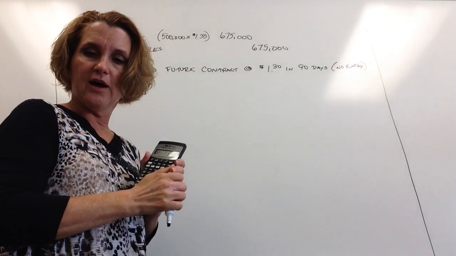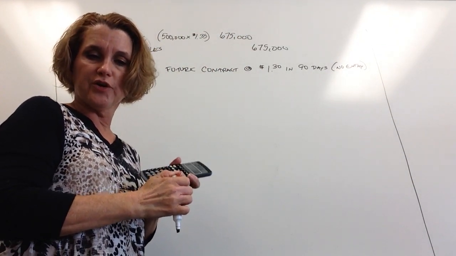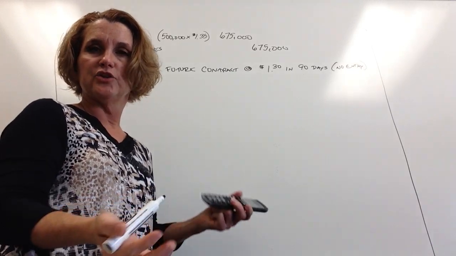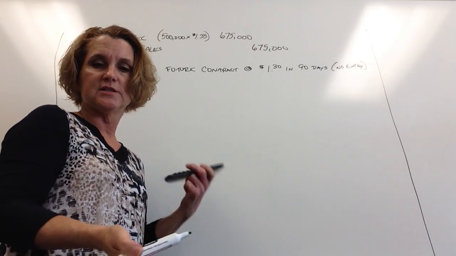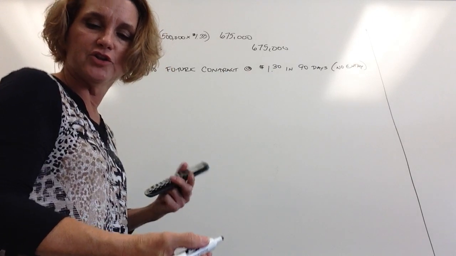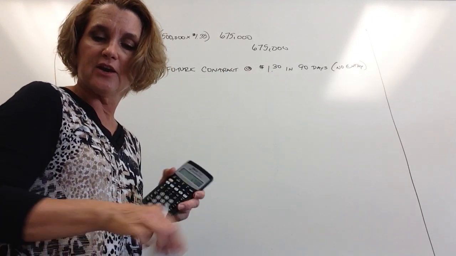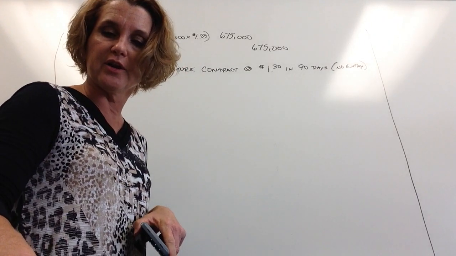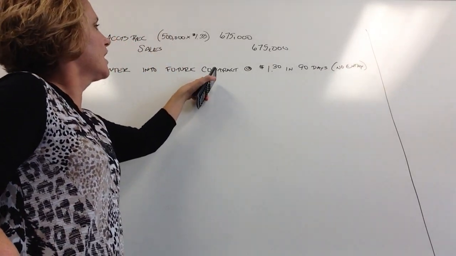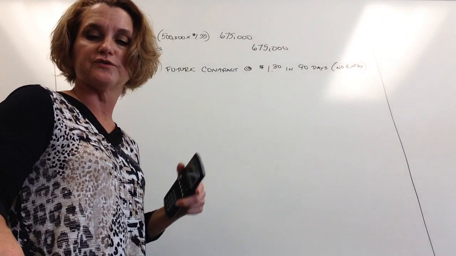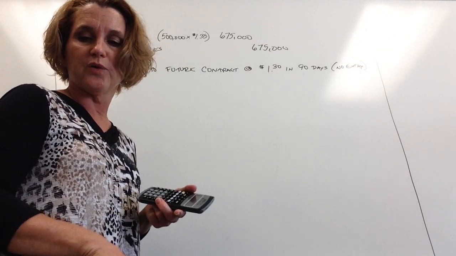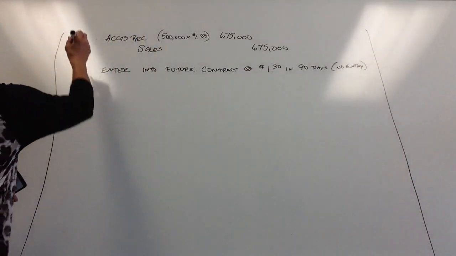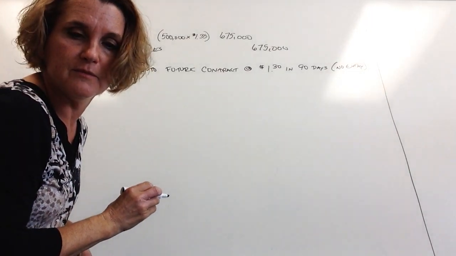Okay, then on June 30th, we need to prepare financial statements. The rate on June 30th goes from $1.35 down to $1.30, and the forward contract or the future contract goes from $1.30 to $1.28. So again, this is in May.